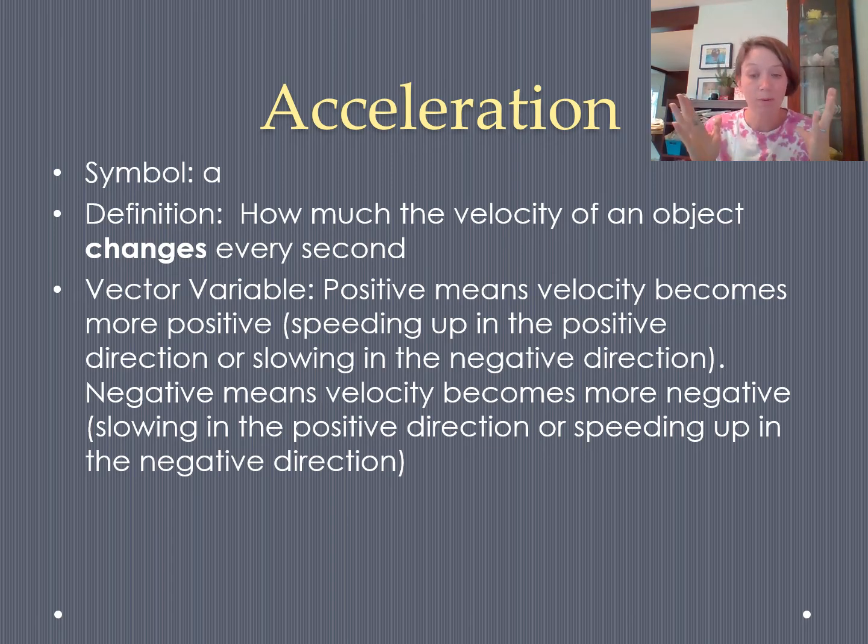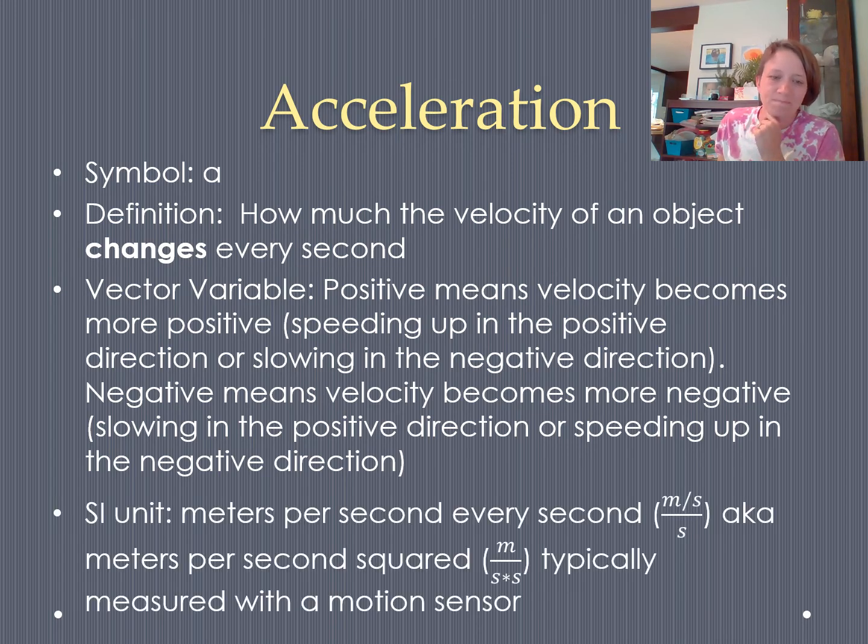So if you start with a positive velocity and become more positive, your magnitude is going up, you're speeding up. But if you start with a negative velocity and become more positive, that means you're actually slowing down. There will be a slide in a second that hopefully shows you this in a more graphical way. And of course, the flip side is true with negative acceleration.